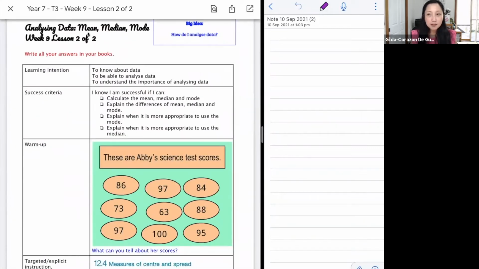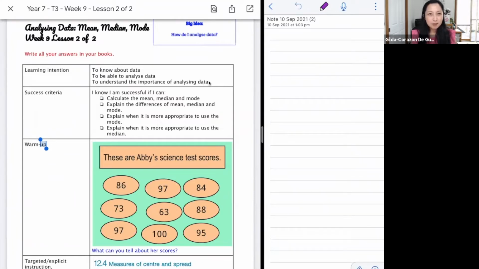3 M's: mean, median, mode. And just like any data, or maybe in any exam that you will be doing in class, you would probably say, "Miss, who got the highest?" Sometimes some people would say who got the lowest.